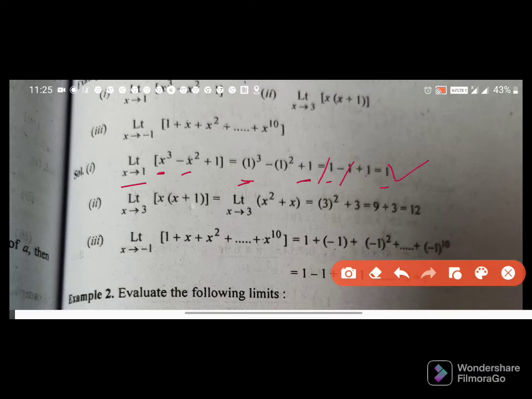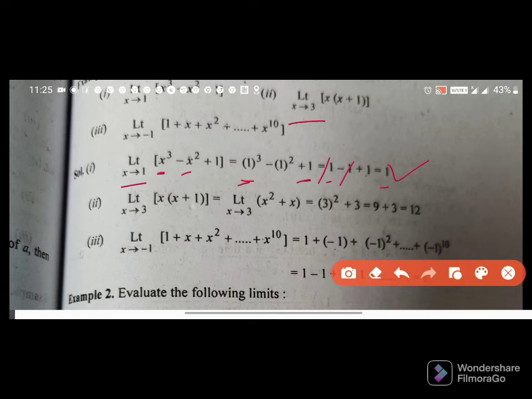Next question. Limit x tends to 3, x plus 1 times x, which is x square plus x. Now put x is equal to 3, that is 3 square plus 3. 3 square means 9 plus 3, that is 12.